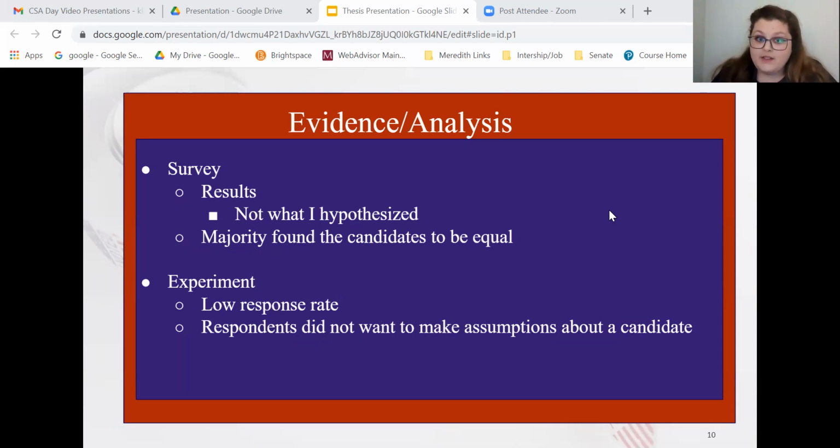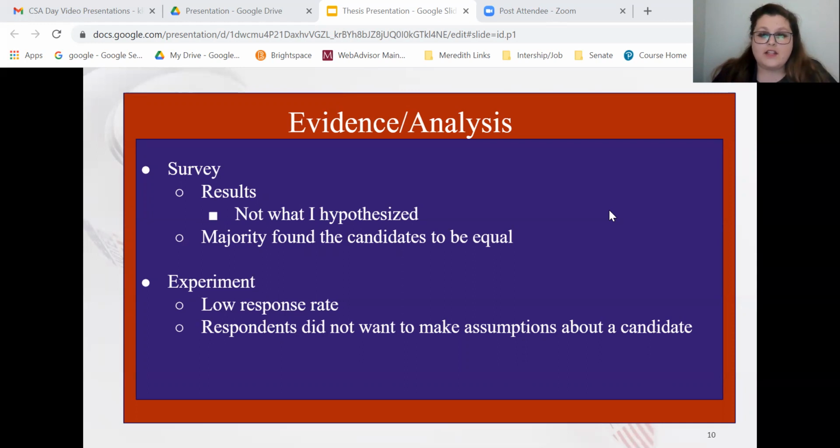For my experiment, only 1/4 of the respondents actually participated in this section of the study. Many retroactively reached out, which is the nice thing about sending this to people that you know. They said that they needed more information about the candidate, and they didn't want to make decisions based on electability or who they would vote for based on their skin tone.